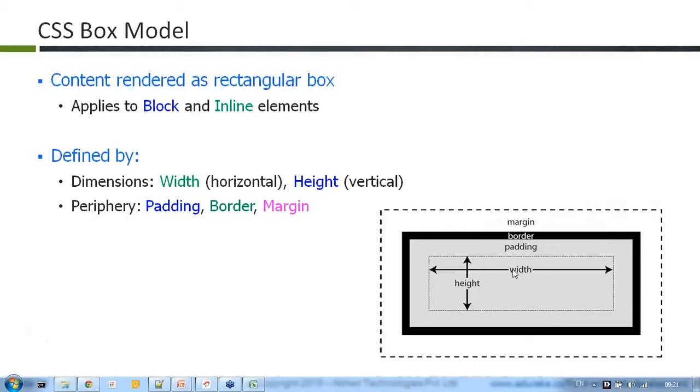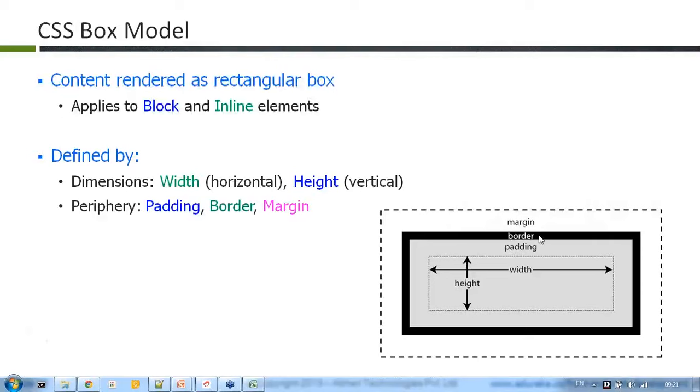So always from the element: padding, border, margin. Padding, border, margin. That is the order in which you go from inner to outer. Note that whenever you define the background color, along with the height and width dimensions, the background color is applicable for padding as well.